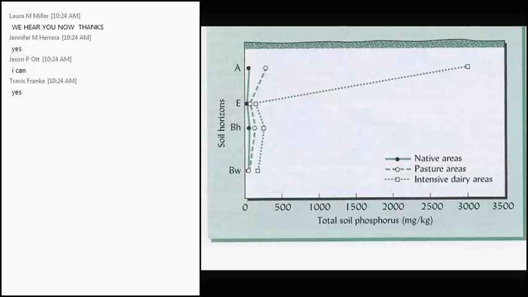We've gone from less than probably 250 parts per million that we have even in a pasture situation. This is total phosphorus, so it's not extractable. In the intensive dairy area in the A horizon, we've gone over 3,000 parts per million, or milligrams per kilogram. So the addition of organic sources of nutrients to meet the nutrient needs of the crop can overapply phosphorus, especially if we're trying to apply it to meet the nitrogen needs of the crop.